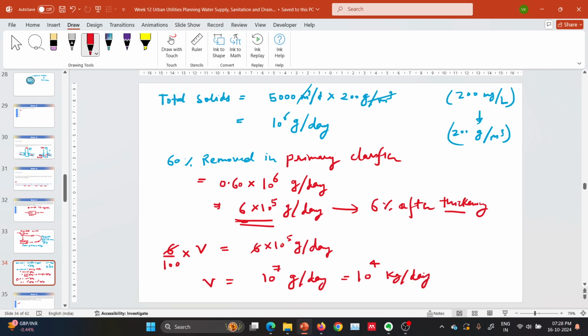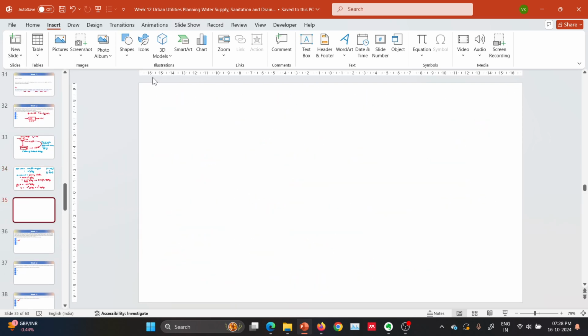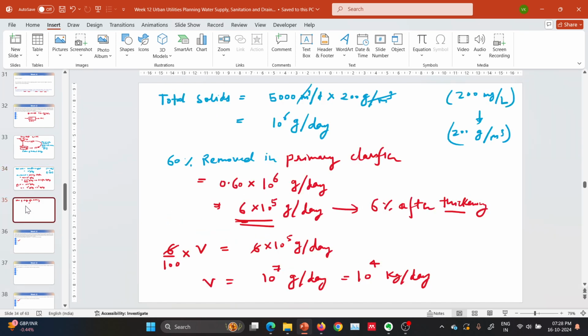This is the mass of sludge after thickening: 10 to the power 4 kg per day.